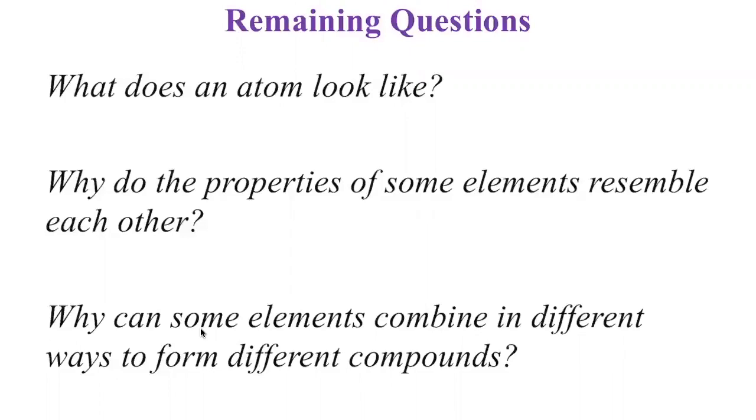Why is it that some compounds are able to combine, but others are not? So these questions were left unanswered, which brings us to look at the atom in more detail. So what does the atom look like?